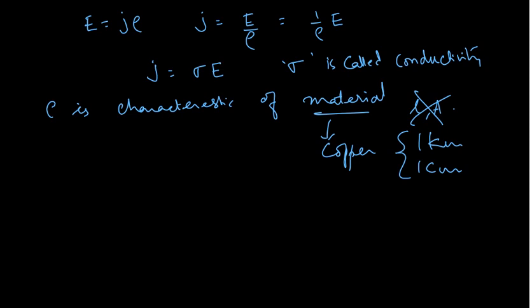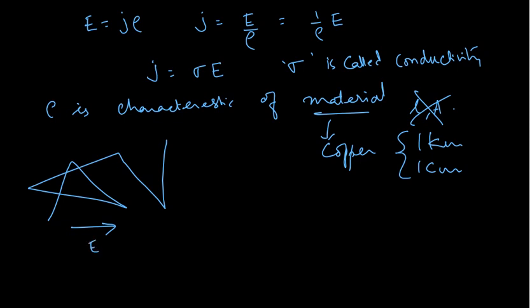In a conductor, free electrons will be moving in different directions. If there is an electric field, the electron will move, go and hit an ion, and that is called collision, and it will go in a different direction. The speed remains the same.